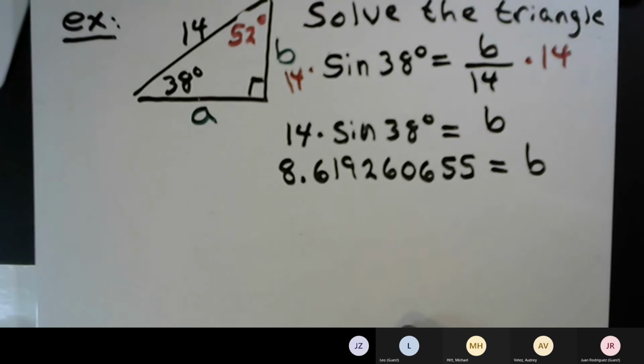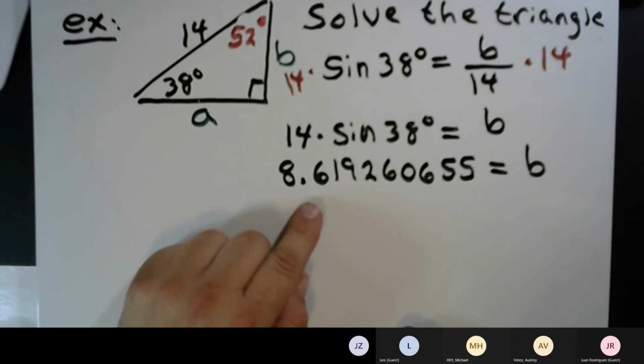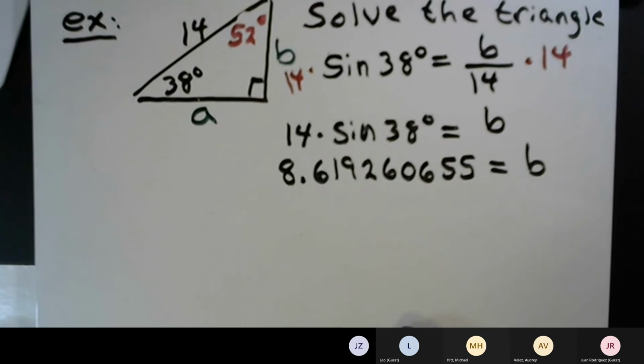I don't want you to enter correct answers and have them marked wrong. So what I'm going to say is use as many decimal places as you can and then round off at the end.